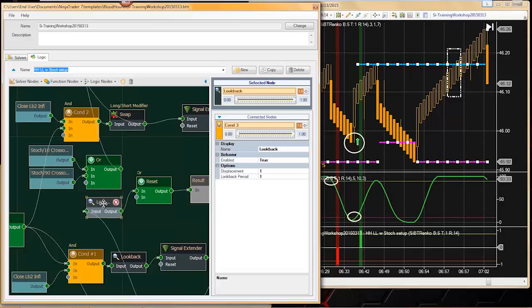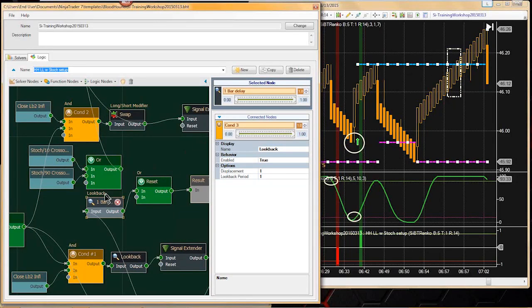And you can rename all of these nodes here. So I can take that look back node and rename it to what it's actually doing. So this is a one bar delay. That's what it's actually doing.